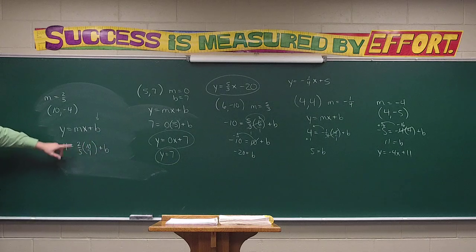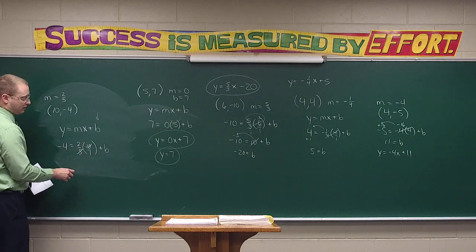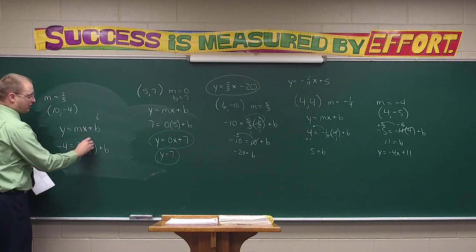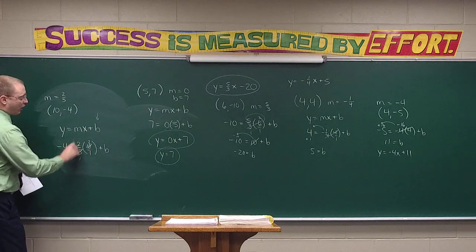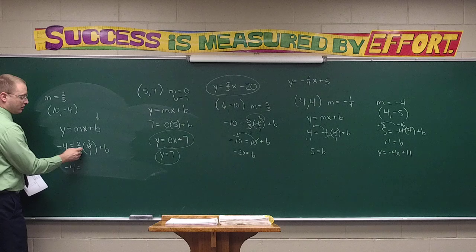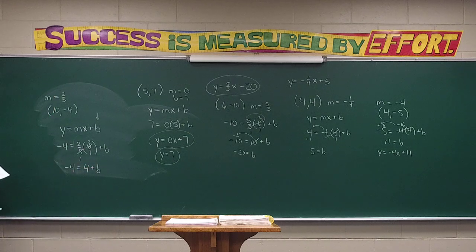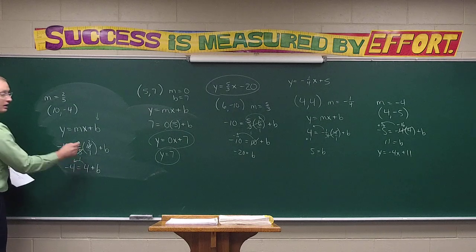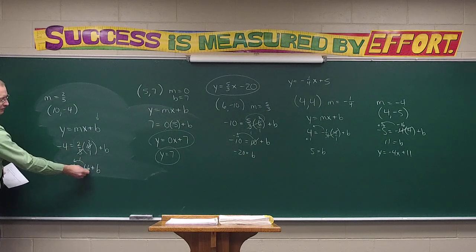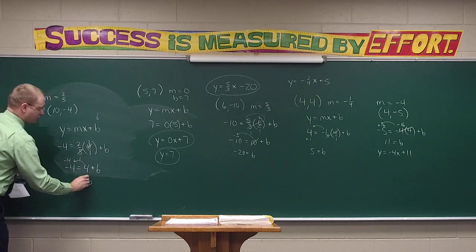By putting it over 1, we can see some canceling here with the fractions that are being multiplied. So when I end up simplifying all of this right here, it really becomes negative 4 equals 4 plus b. Solve for the b, move the 4 over as a negative 4. And that'll give me b is equal to negative 8.